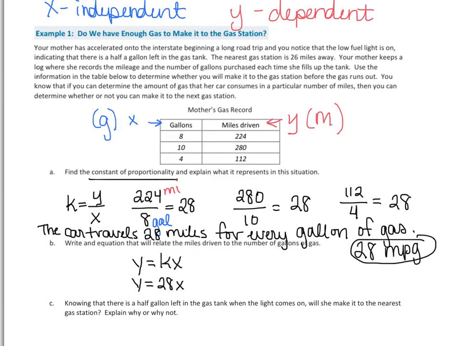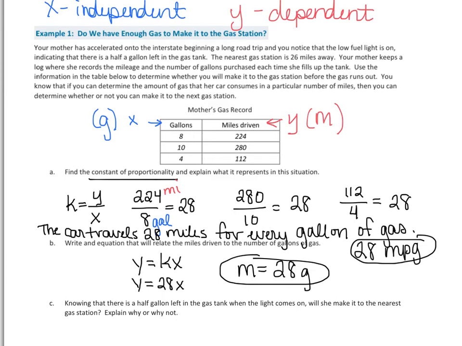So a better equation, not that y equals 28x is wrong, it's just that I don't know what y is and I don't know what x is unless you define it. A better one would be M equals 28G. Using the letters M and G means I have a better chance at plugging in my numbers correctly.